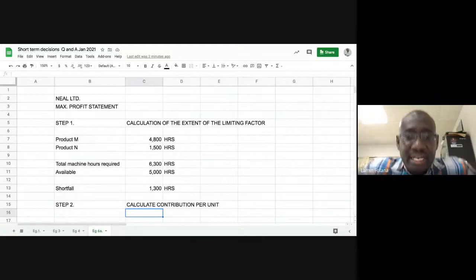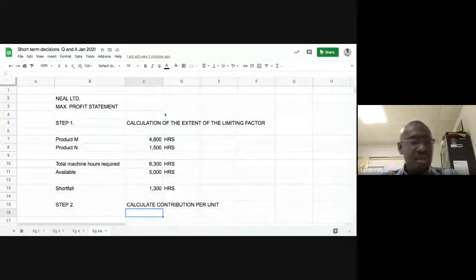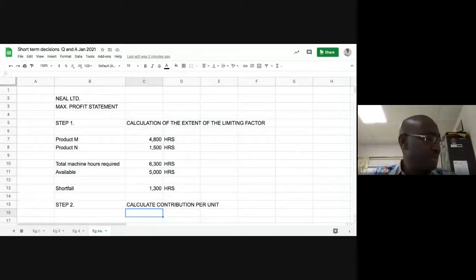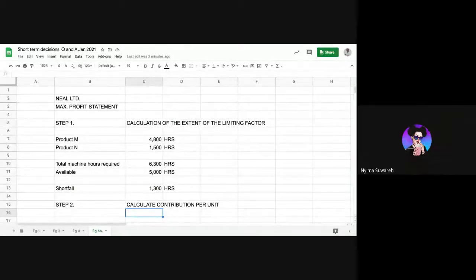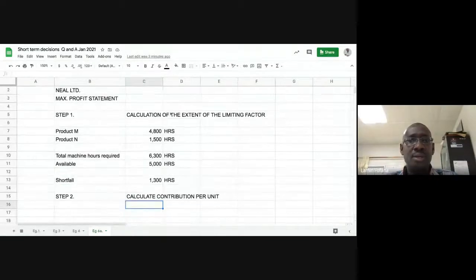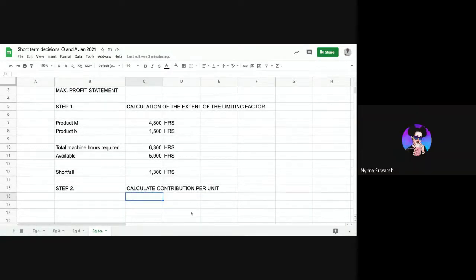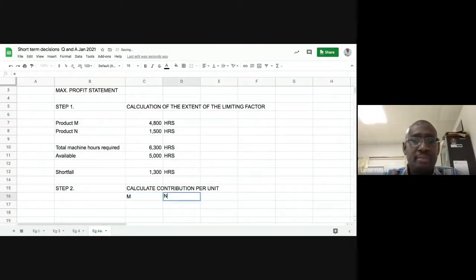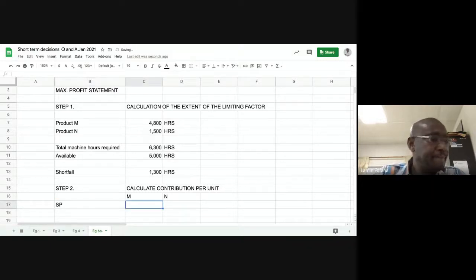So let's calculate our contribution per unit. How do we calculate our contribution per unit here? Selling price per unit minus the variable cost per unit. Excellent, good. So for each of the products, we have product P and product N. What's our selling price?